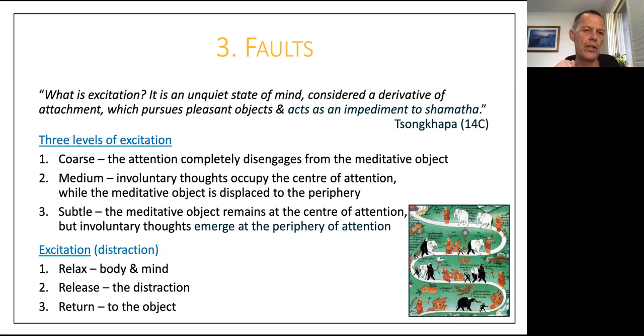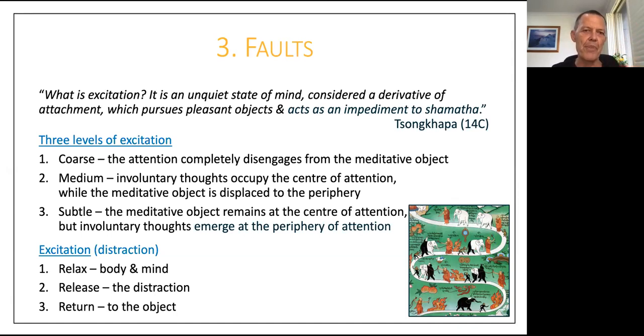That's medium excitation. Subtle excitation is the other way around: you're focusing well on the object. Let's say, again, we're focusing on the breath. We're focusing well on the breath, but a little bit in the background of the mind, there are some thoughts going on and you're paying a little bit of attention to those, but mainly you're focused on the object. That's subtle excitation. Like laxity, as we move through these 9 stages, we overcome more and more subtle levels of excitation.